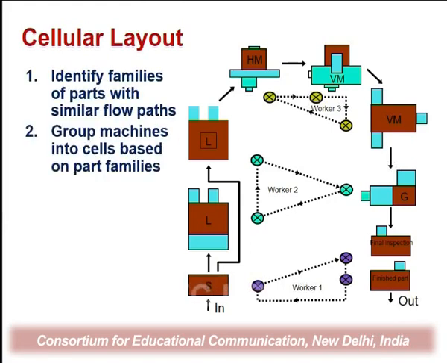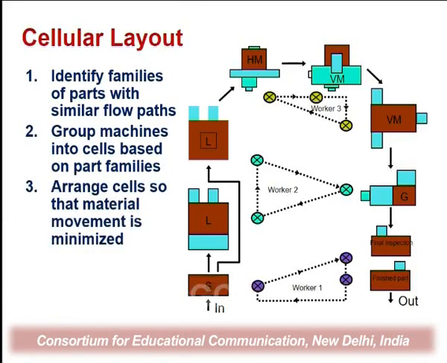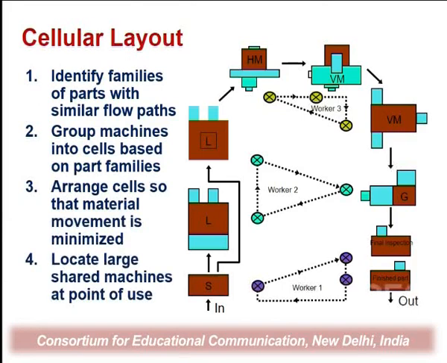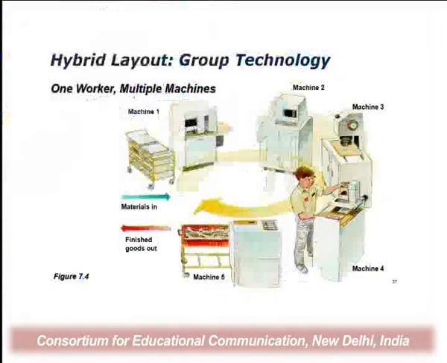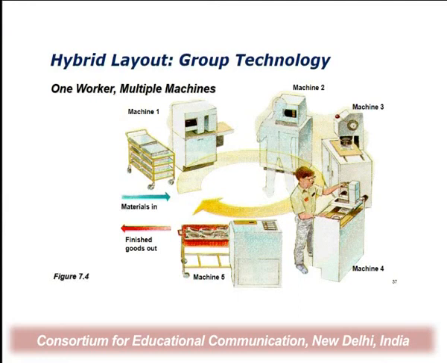You have to identify families of parts with similar flow paths, group machines into cells based on part families, arrange cells so that the material movement is minimized, and then locate large shared machines at point of use. For example, in this slide, there are 3 similar kinds of machines, so you have grouped similar machines and there is one worker working on the 3 machines, so you need less labor also.